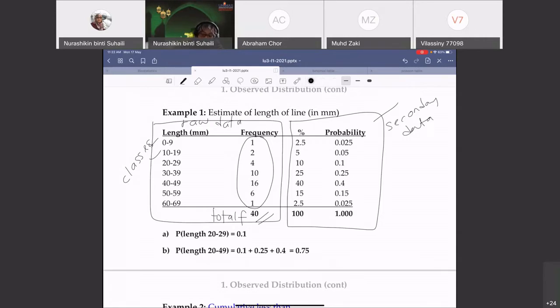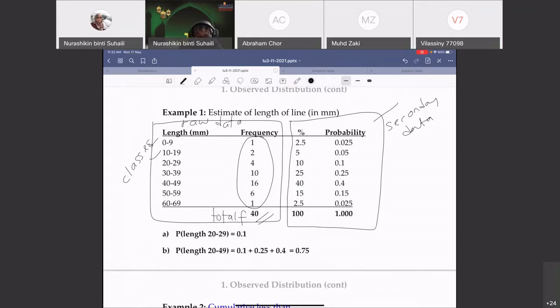It's not that probability is the only secondary data, but this is an example of it. If you calculate the mean or the standard deviation, that kind of data is also called secondary data, because it comes from the analysis of the raw data. So I hope you understand. In this case, the secondary data is probability.